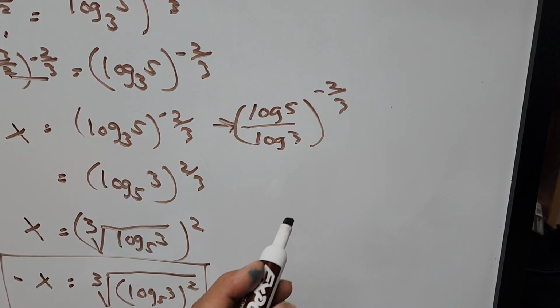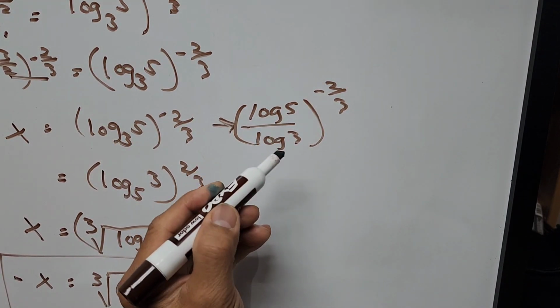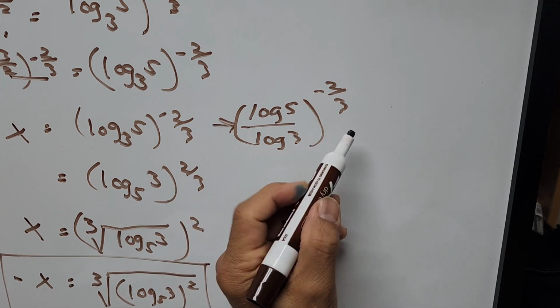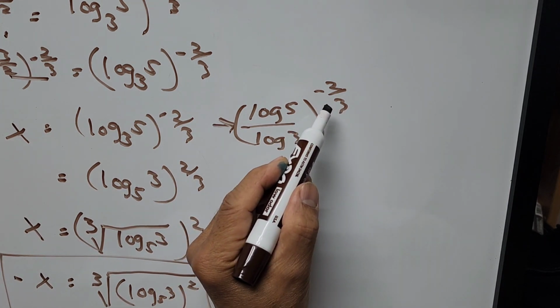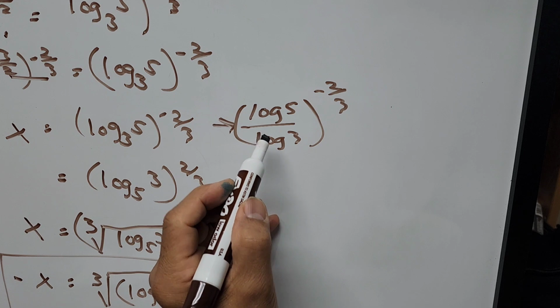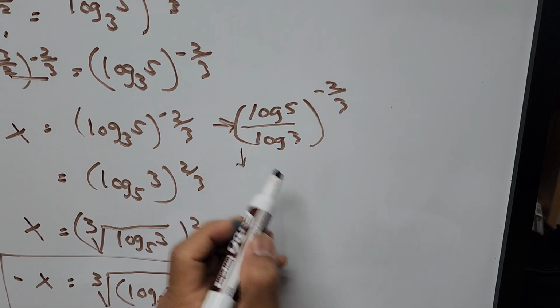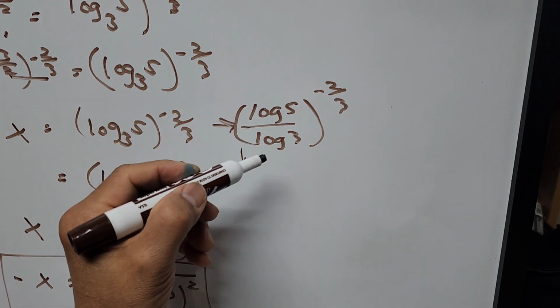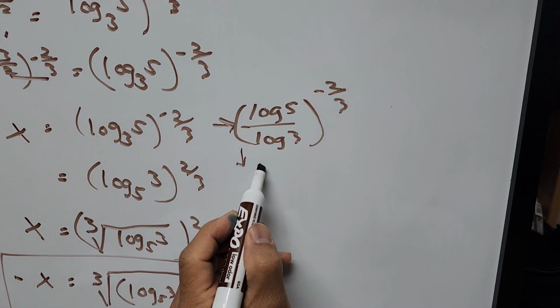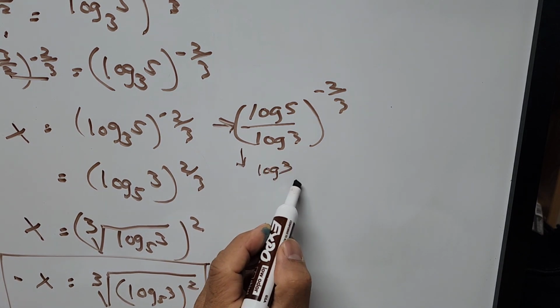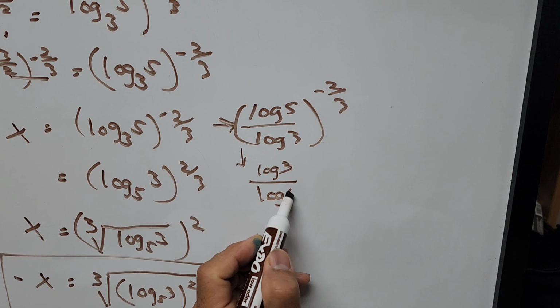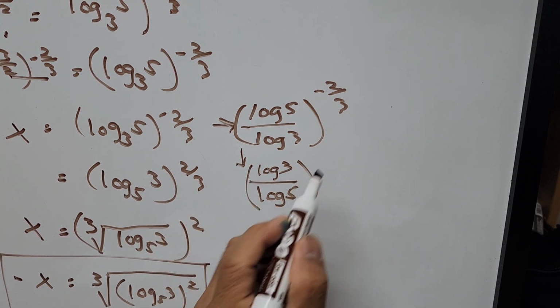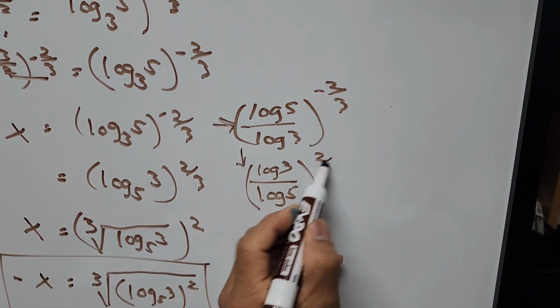And here we ended up flipping the numerator and the denominator and changing the sign of the exponent to positive. So this becomes log of 3 divided by log of 5 to the power of positive 2/3.